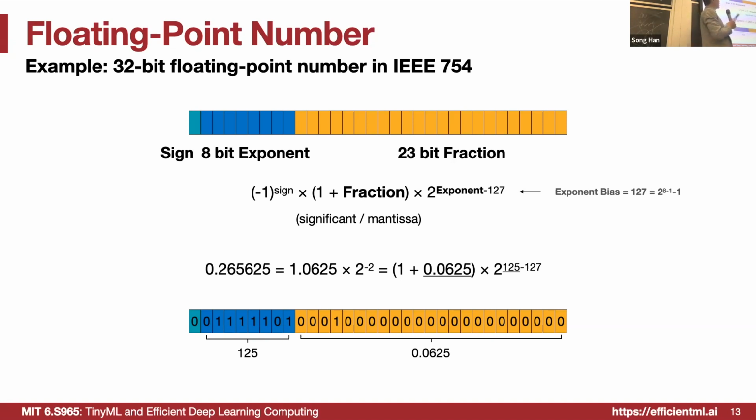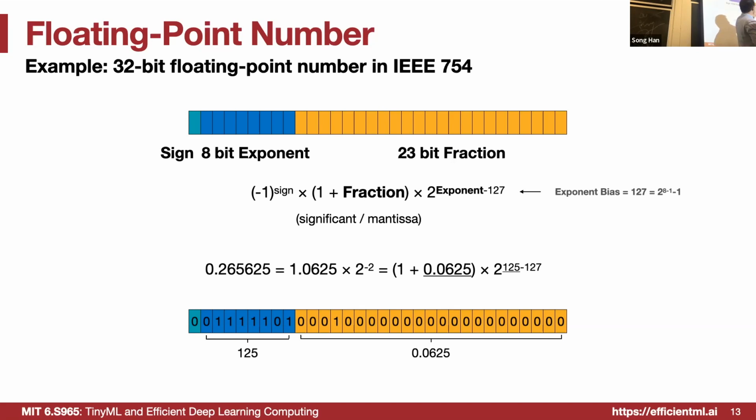So why do we invent this number representation? Compared with integer, what is the advantage of using this representation? The value is the sign, times 1 plus this fraction, times 2 to the power of the exponent minus its bias.